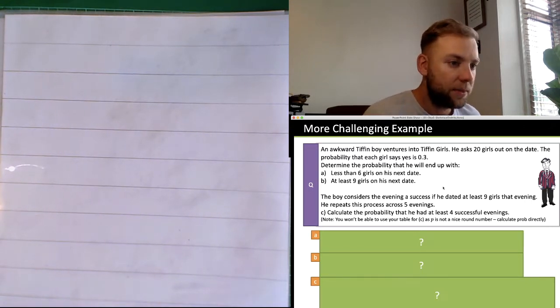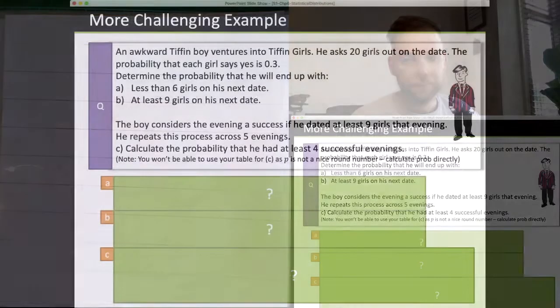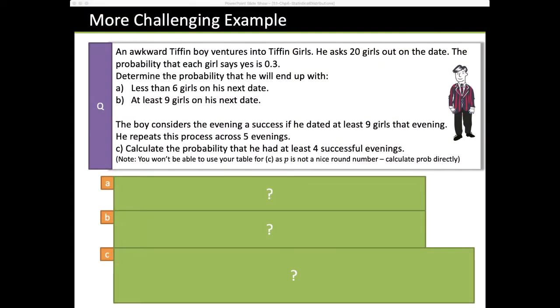Okay, I'll make it big so you can get it down actually. The boy considers the evening a success if he finds at least 9 girls that evening. He repeats this process across 5 evenings. Calculate the probability he has at least 4 successful evenings. Okay, so let's have a look at these ones together. Now, this is a tricky problem.